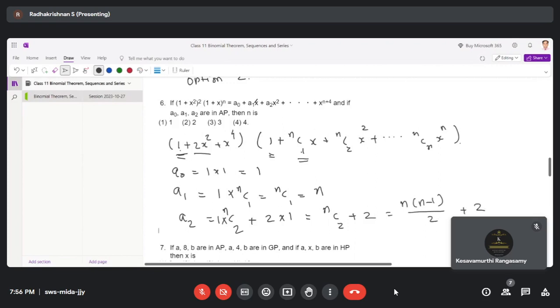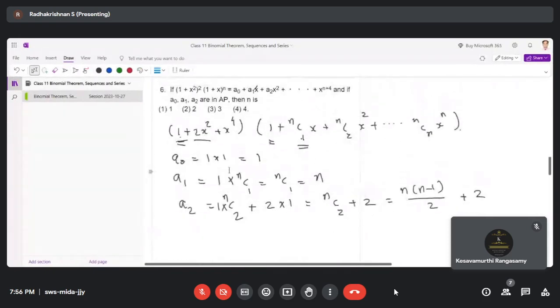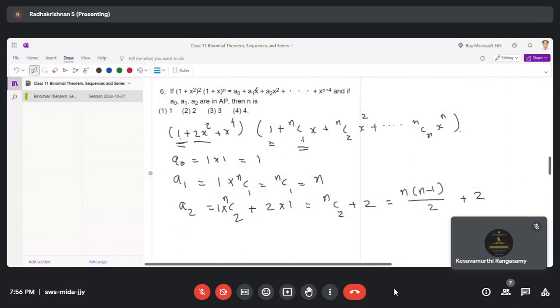So we can put n into n minus 1 by 2 plus 2. And what is given now? We have to solve for n from these a0, a1 and a2. It is given that a0, a1 and a2 are in arithmetic progression.